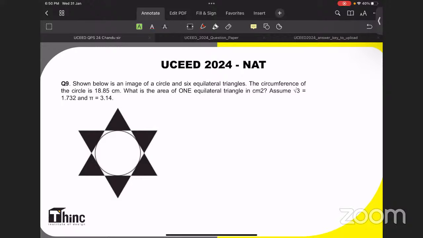So over here, we know the perimeter of the circle. That is 2 pi r. The perimeter is 18.85. That is equal to 2 pi r. Okay, so take pi equal to 3.14.